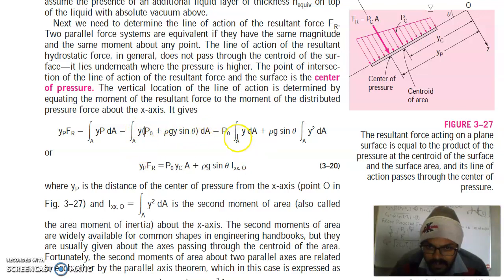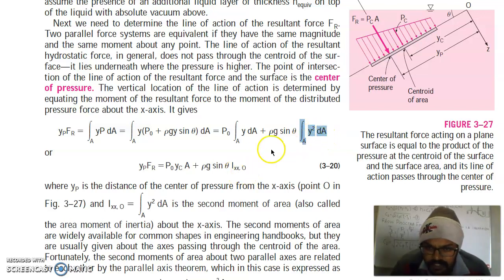When you integrate it, you will get these two terms. The first we can write as P naught Yc times the area, because when you integrate y dA, you will get Yc, the centroid, times the area. And when you integrate this portion, that is y squared dA, this is called the second moment of area.